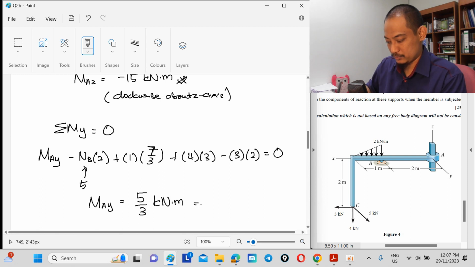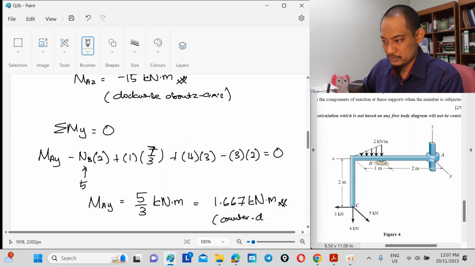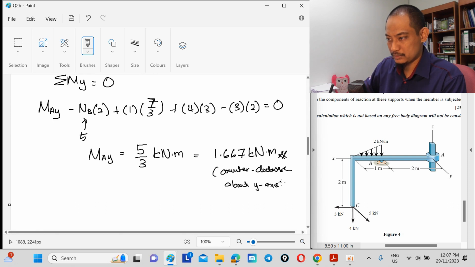kilonewton meter, or 1.667 kilonewton meter. Means counterclockwise about the y-axis.